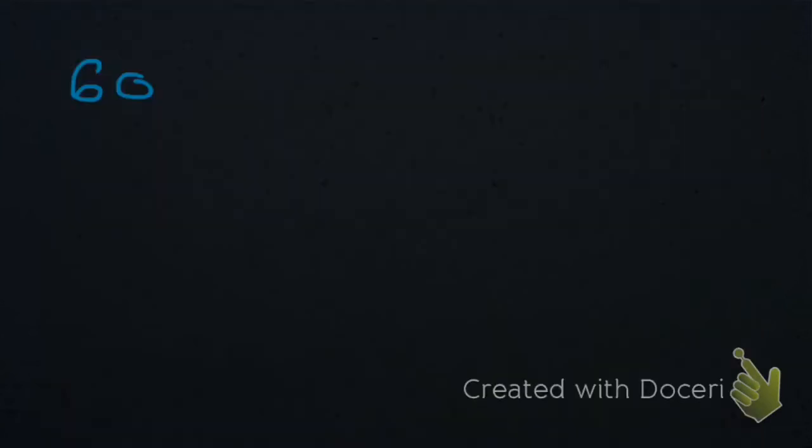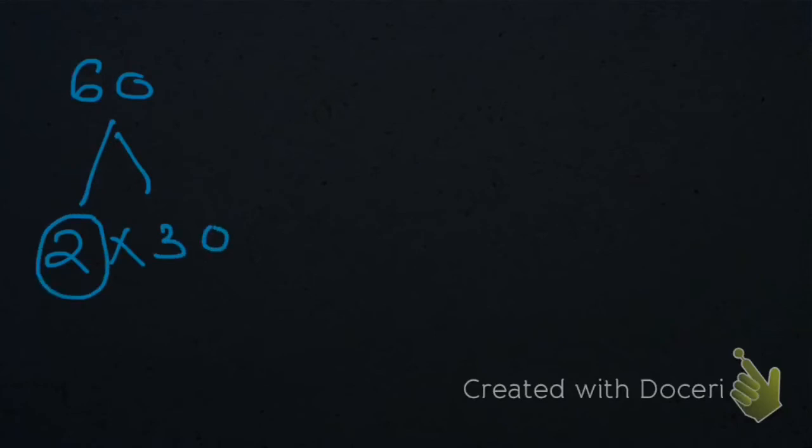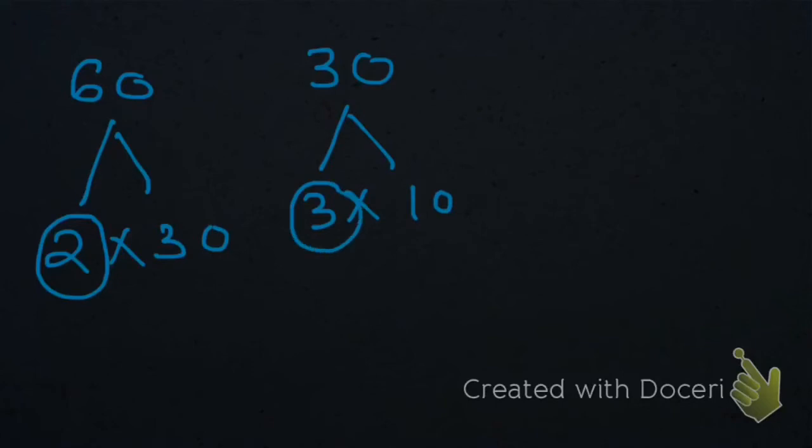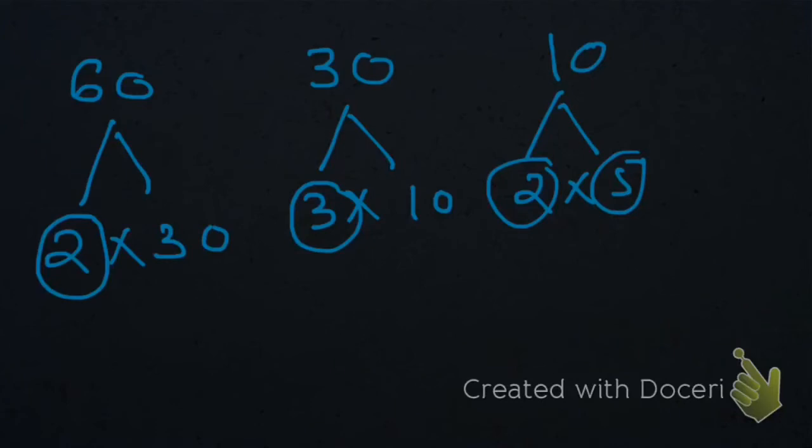Students, 60 can also be written as 2 into 30. Here 2 is a prime number, so circle 2. Again 30 can be written as 3 into 10. Now 3 is a prime number, so circle 3. Here 10 can be written as 2 into 5, so again 2 and 5 are prime numbers, so circle 2 and 5.